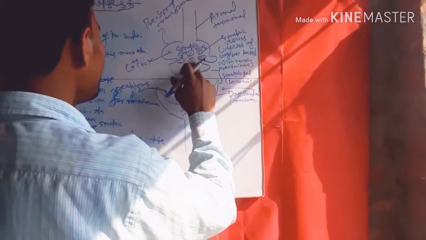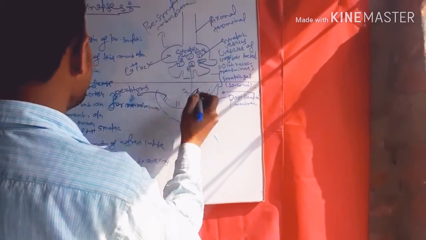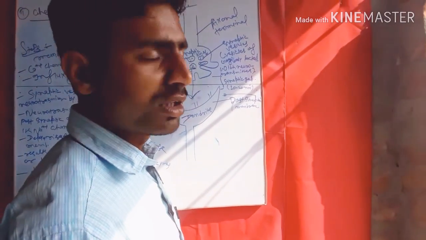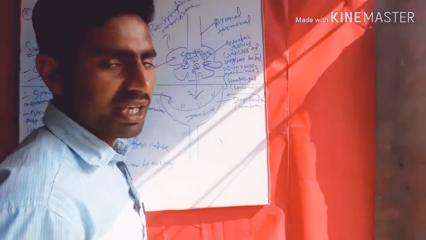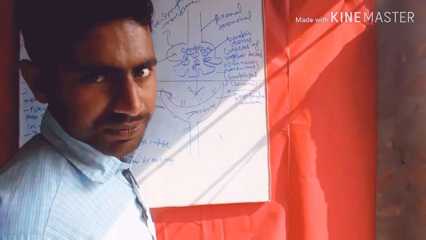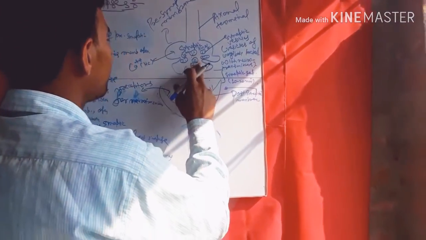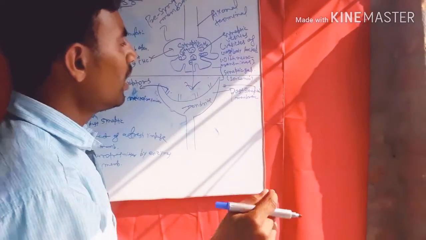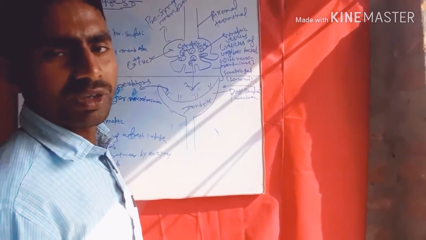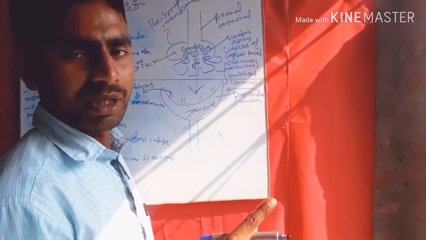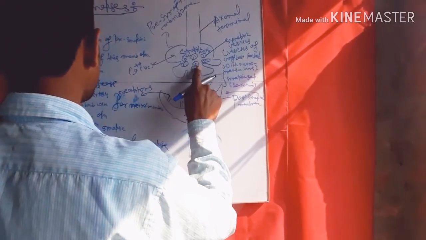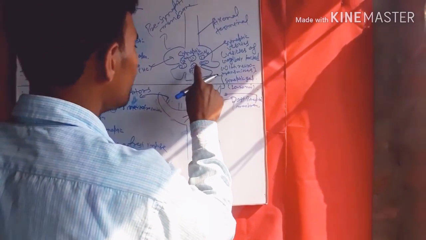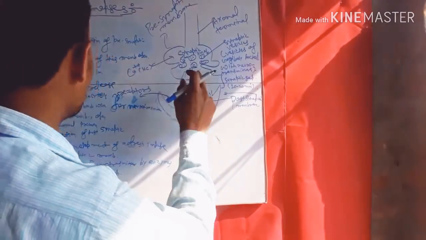The synaptic vesicles release neurotransmitter by exocytosis, because neurotransmitter is present in synaptic vesicle. So these synaptic vesicles release neurotransmitter by exocytosis.